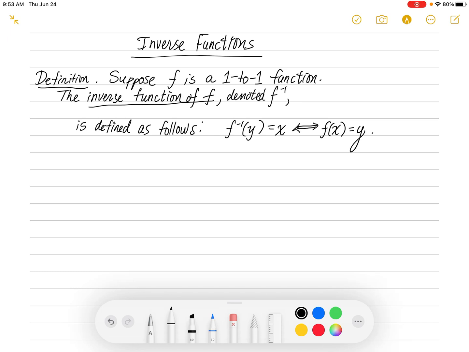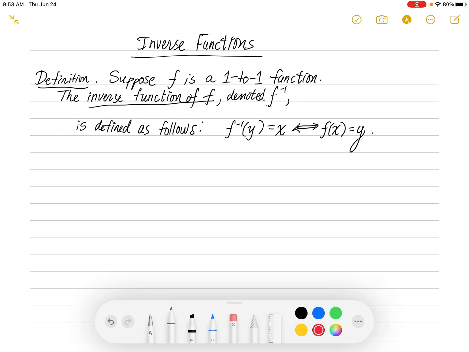So we've just finished talking about one-to-one functions, and now we want to move into defining what inverse functions are. So the definition for an inverse function is, let's say we have a one-to-one function. Remember, a one-to-one function is a function where for every y value you have exactly one x value.